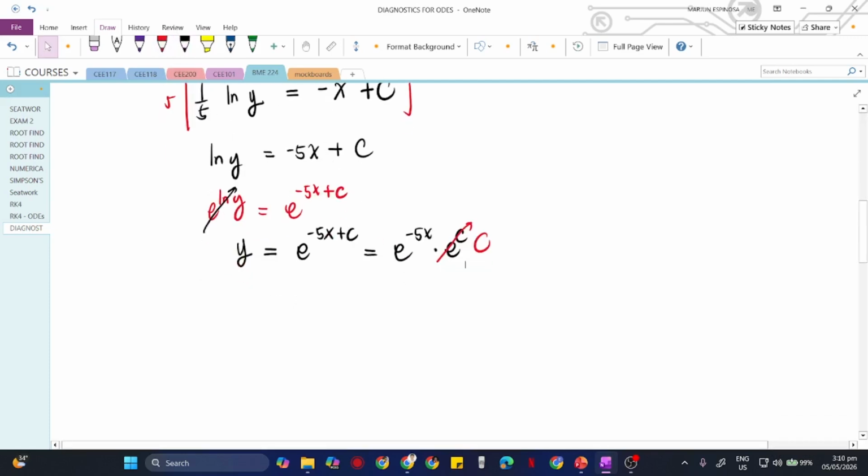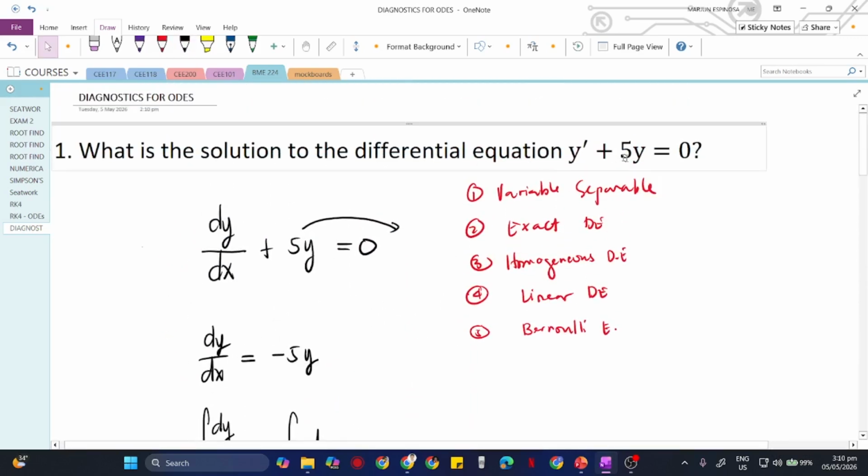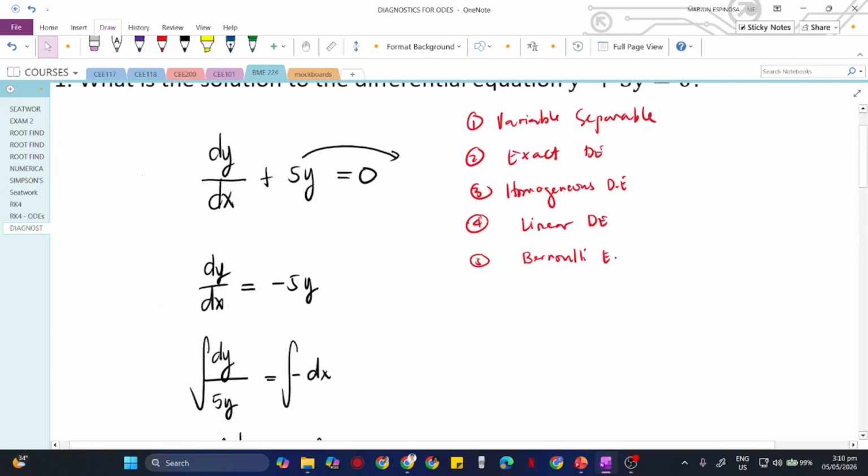Therefore y equals c multiplied by e raised to the power of negative 5x. This is the solution of our differential equation y prime plus 5y equals 0.